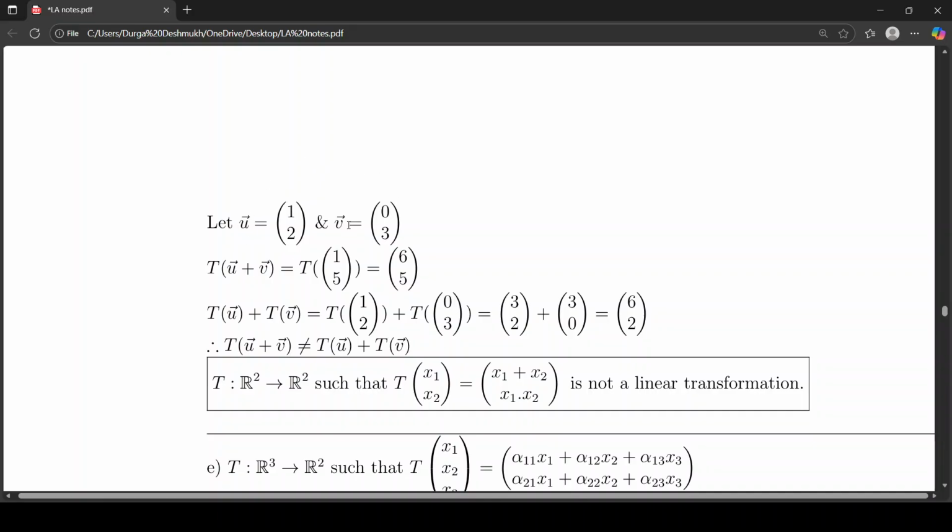The transformation of their addition, that is the transformation of (1, 5), is (6, 5). But if we perform individual transformations and add, we get the final result as (6, 2), which is not the same as the one above, right? So it doesn't satisfy the first condition, hence it is not a linear transformation.